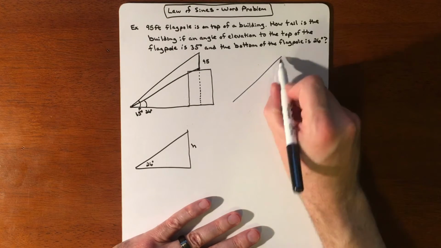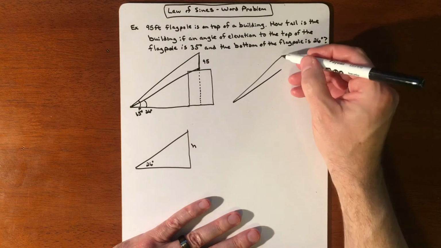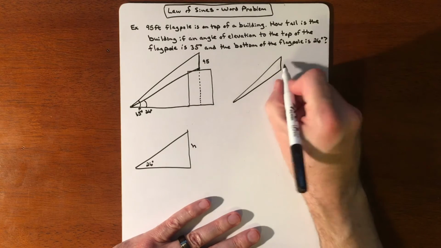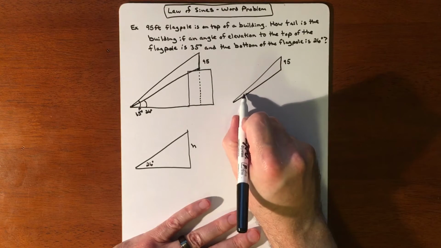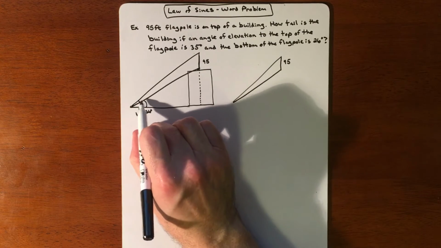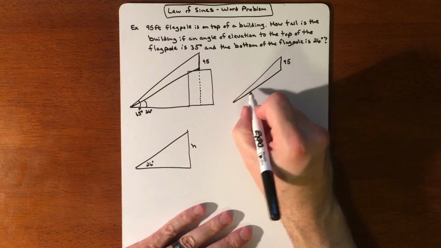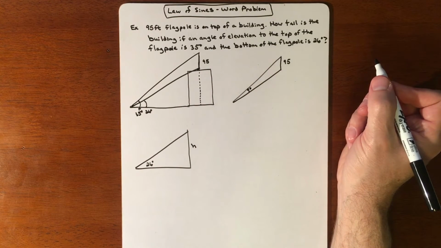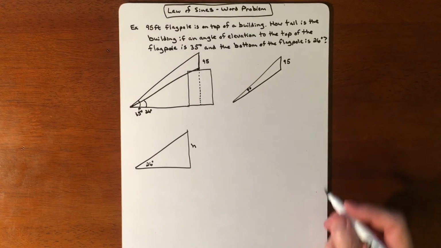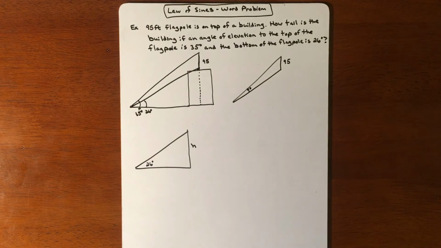However, if we use just this top triangle, here's actually where we sit. We know that this value is 95, and this angle is the difference between 35 degrees and 26 degrees, which is 9 degrees. Is there anything else that we know? Yes.